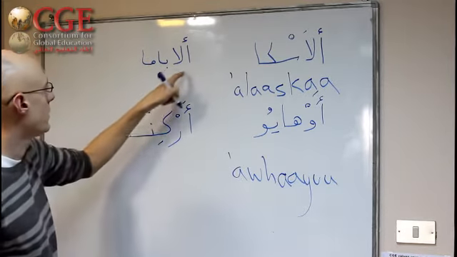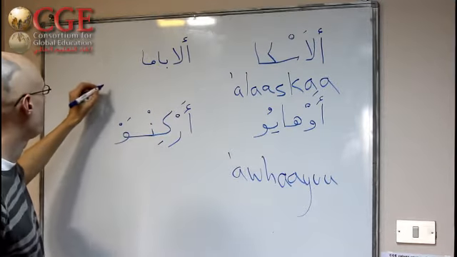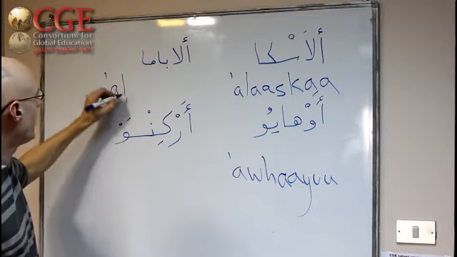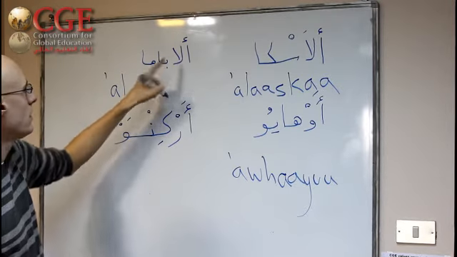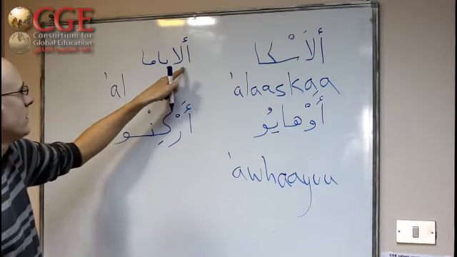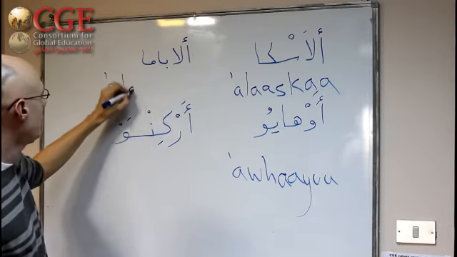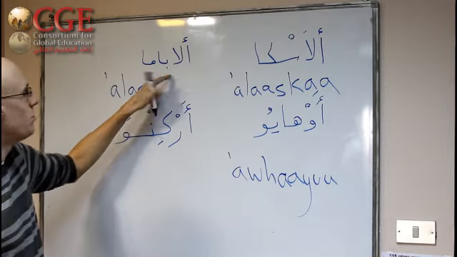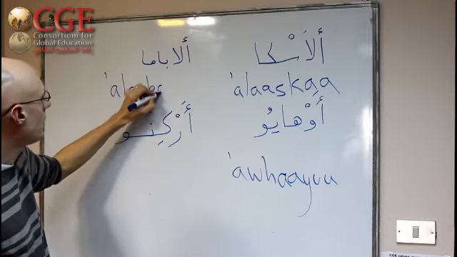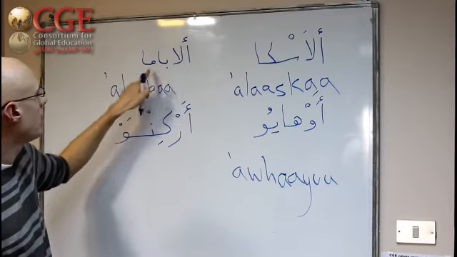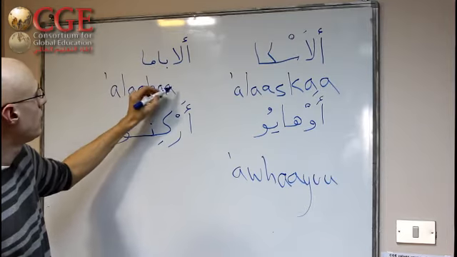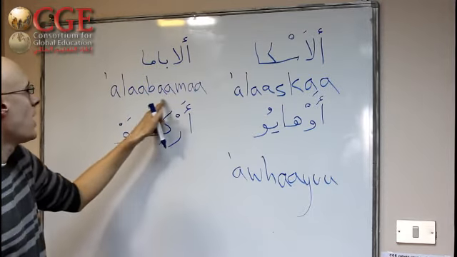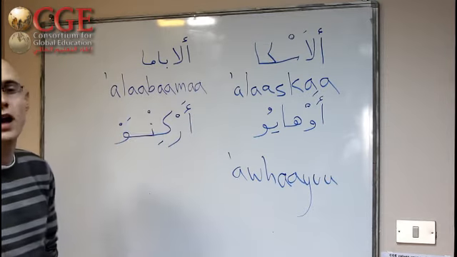Let's take a look at this one. We've got all these starting with olive. Glottal stop, A, followed by L. Again, a long A vowel. This is how you write L plus a long A. Then B, dot on bottom for B. Long A. M. Long A. Alabama.